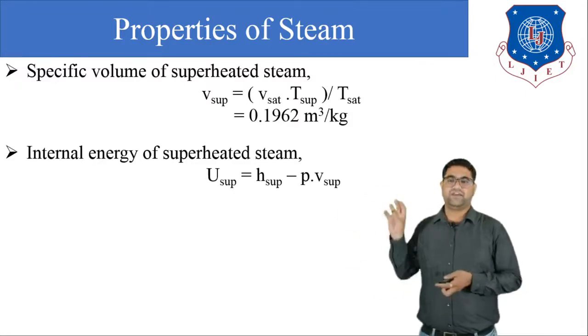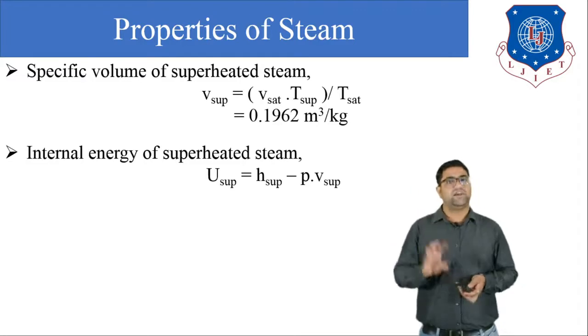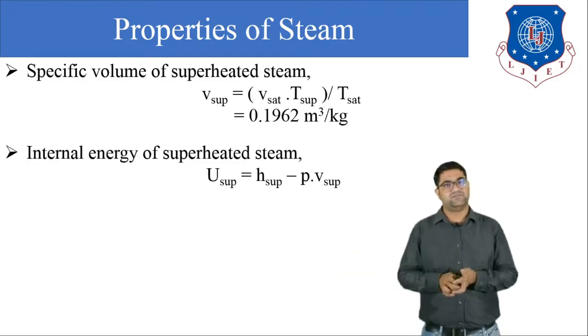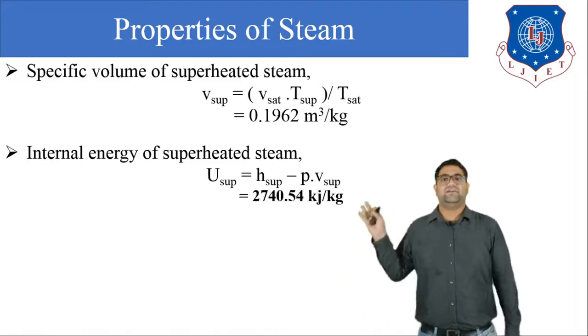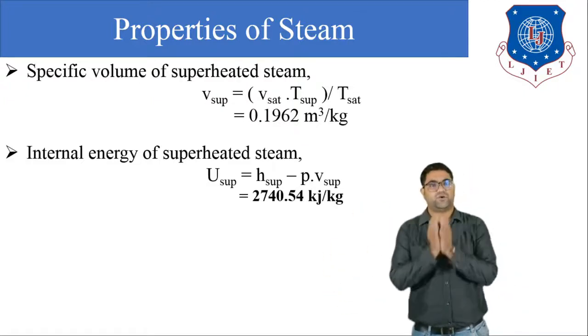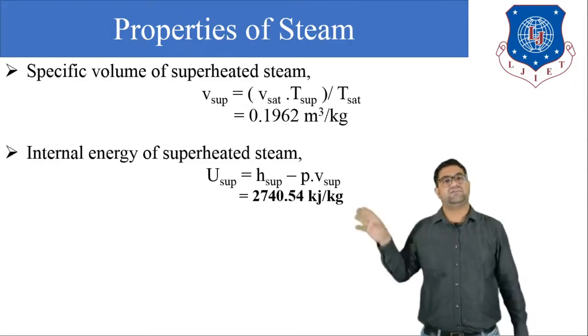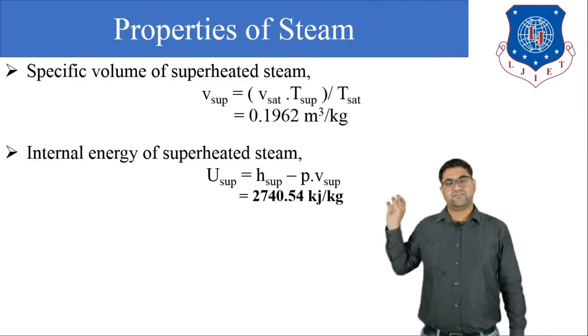We have the enthalpy of superheated steam and the specific volume for the superheated steam. If we put all the values, we get the internal energy of the superheated steam as 2740.54 kilojoule per kilogram. So this is the final value of internal energy of superheated steam.